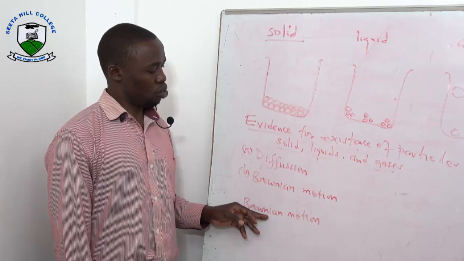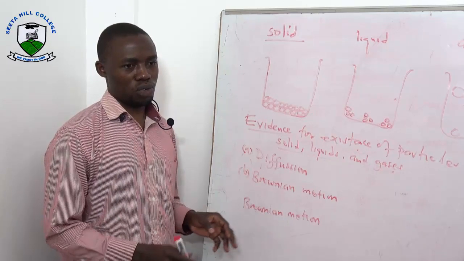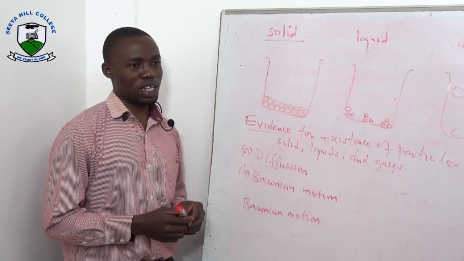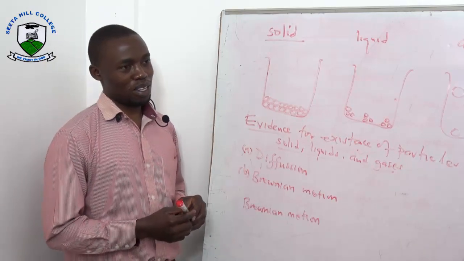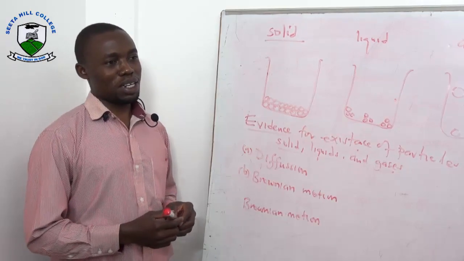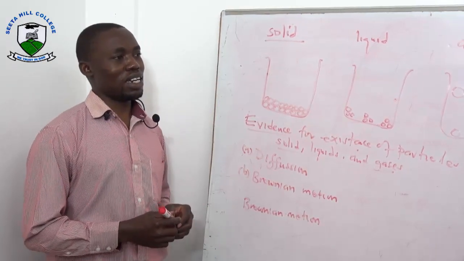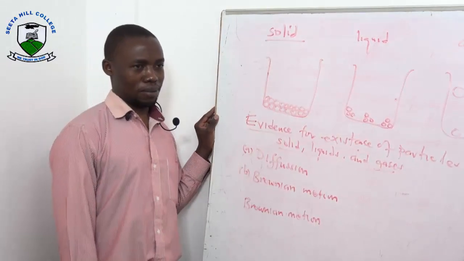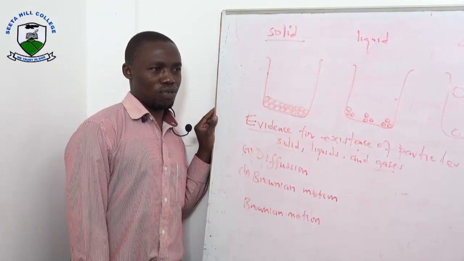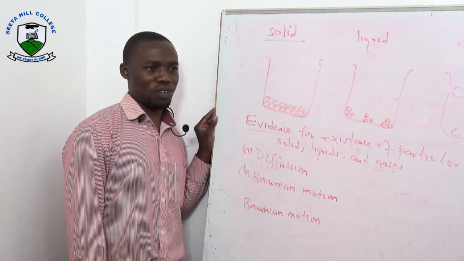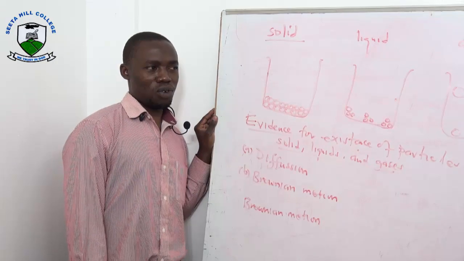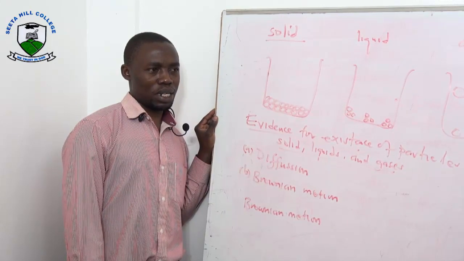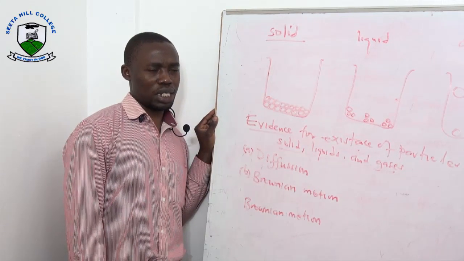To explain to you Brownian motion, I would simply refer you to a simple experiment at home. When you wake up in the morning and the sun has shone through a ventilator, there is a ray of light from the sun through a ventilator. If you look at that ray of light in a dark room in the morning, what do you see?